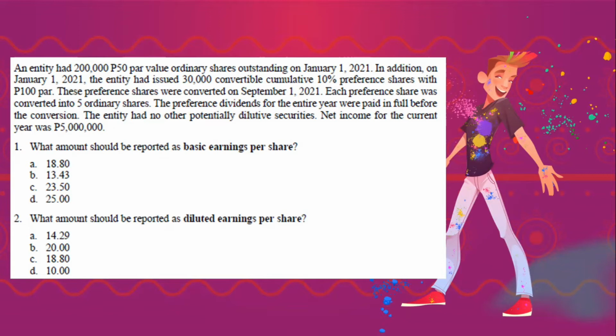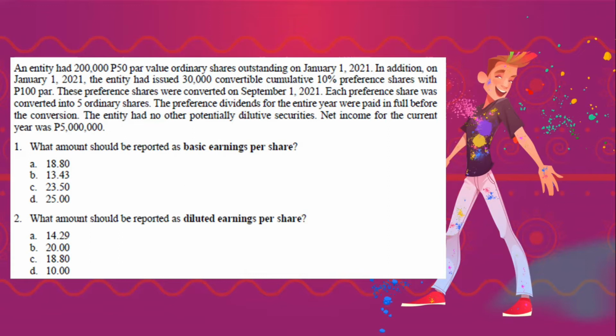An entity had 200,000 pesos 50 pesos par value ordinary shares outstanding on January 1, 2021. In addition, on January 1, 2021, the entity had issued 30,000 convertible cumulative 10% preference shares with 100 pesos par. These preference shares were converted on September 1, 2021.